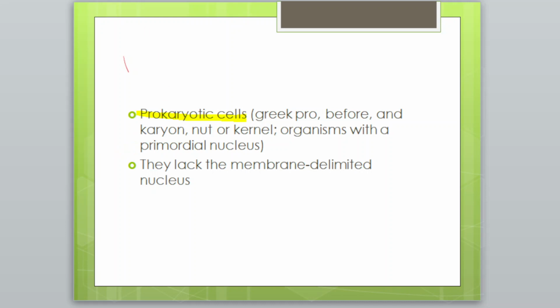First of all, prokaryotic. Prokaryote is a Greek word, where pro means before and karyon means nut or kernel. So it is an organism with a primordial nucleus. The main important point is that they lack a membrane-delimited nucleus. That means the nucleus is not bound by a well-defined membrane.